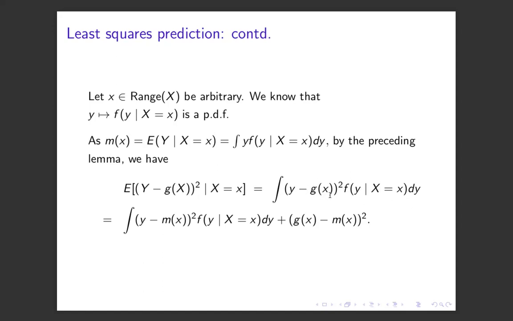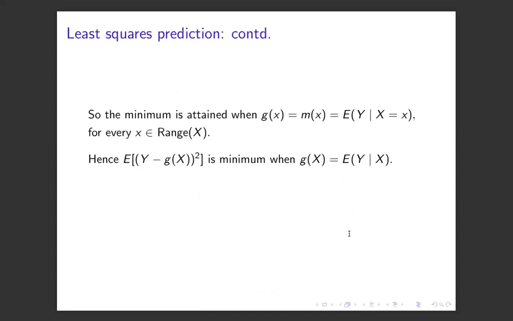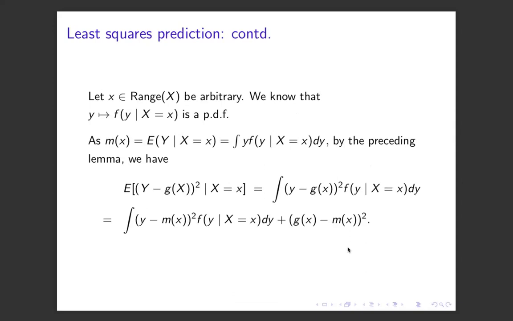So there, this g(x) plays the role of a constant a. This g at little x plays the role of a in the notation of the previous lemma, and m(x) plays the role of mu, because the random variable concerned here is the conditional one.